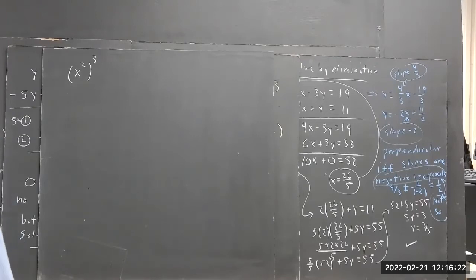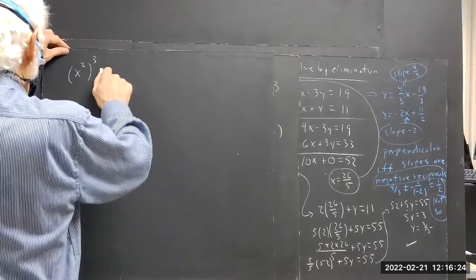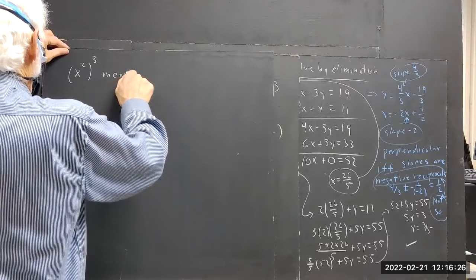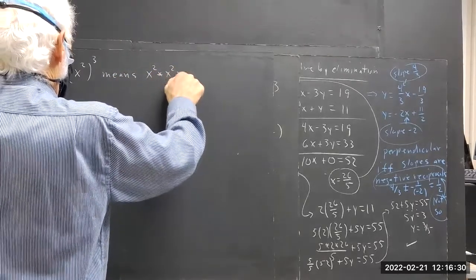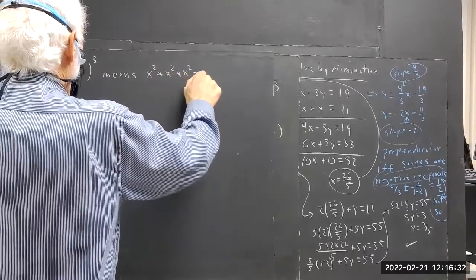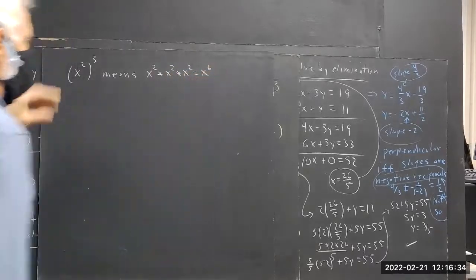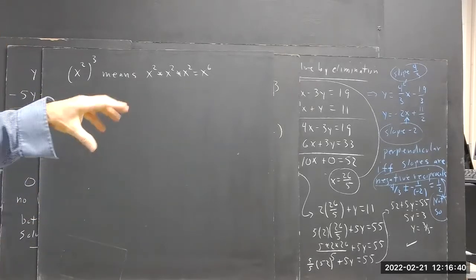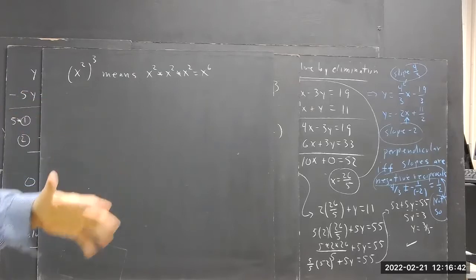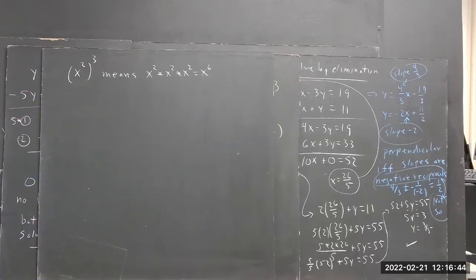x squared cubed means multiply x squared by itself 3 times. I multiply x squareds and I have 3 x squareds to multiply. It gives me x to the 6th.